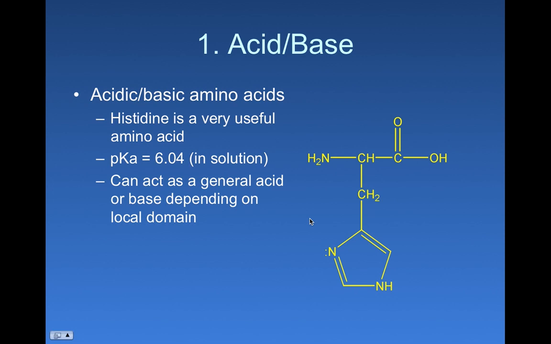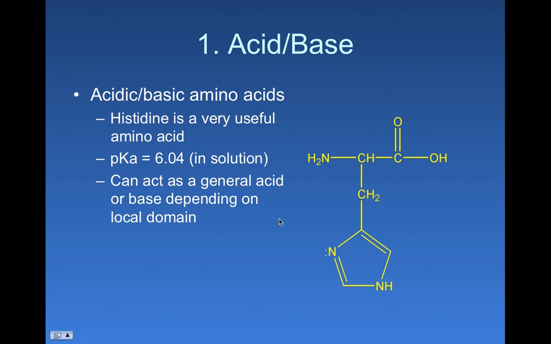So in order for an enzyme to be a true catalyst and undergo acid-base catalysis, if it acts as an acid, let's say this histidine donates this proton to the substrate, sometime later in the reaction, this nitrogen has to accept a proton from something else to restore its original state so that it can act as a catalyst to the next substrate.